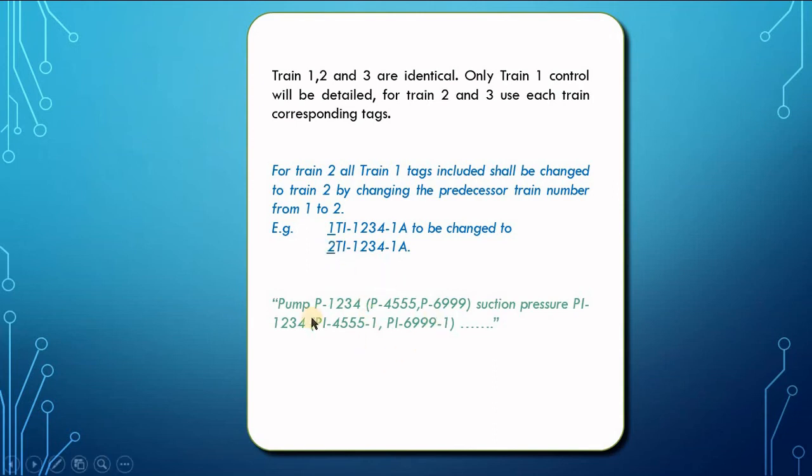Now another way of doing it, let's say in this document they are not aligned. So you say pump 1 P1 2 3 4, so this is train 1, this is the tag of train 2, this is the tag of train 3, and then you continue suction pressure PI 1 2 3 4, and this is the corresponding tag in train 2, this is the corresponding tag in train 3.